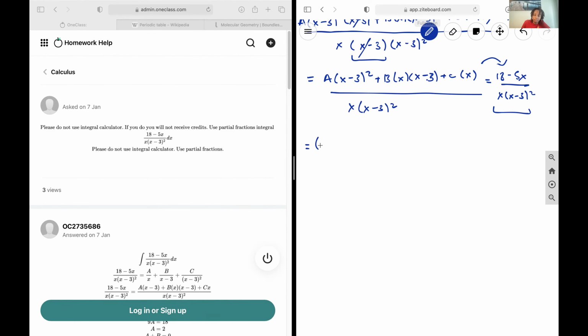This will become a into (x squared minus 6x plus 9).